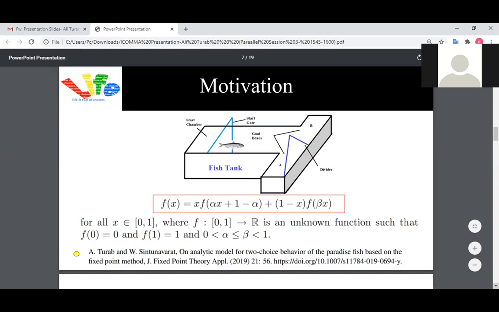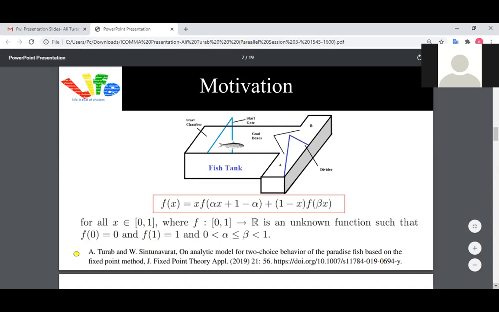For example, in the following picture, a fish has 2 choices, whether to move towards box A or towards box B. We describe such behavior with the following functional equation, which is in the red box. Such a functional equation describes the behavior of animals when they have 2 choices with corresponding probabilities x and 1 minus x.